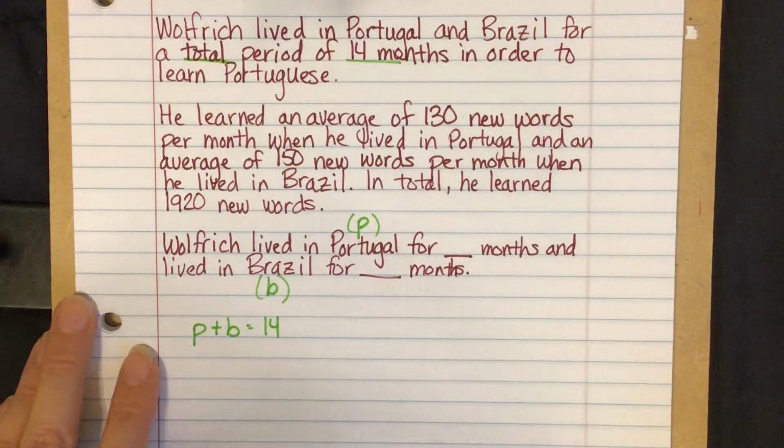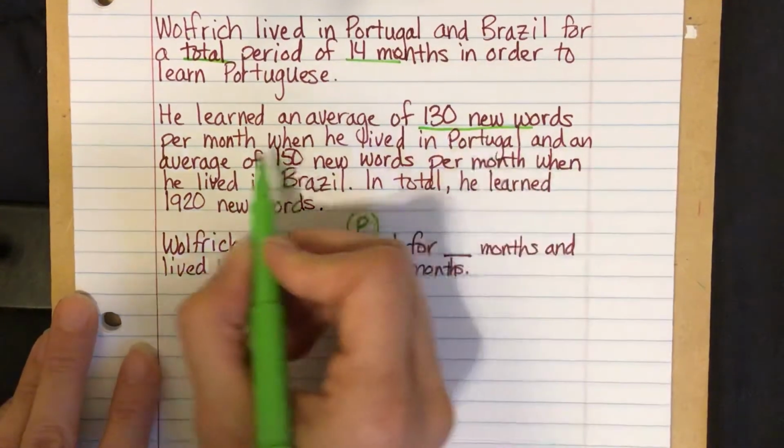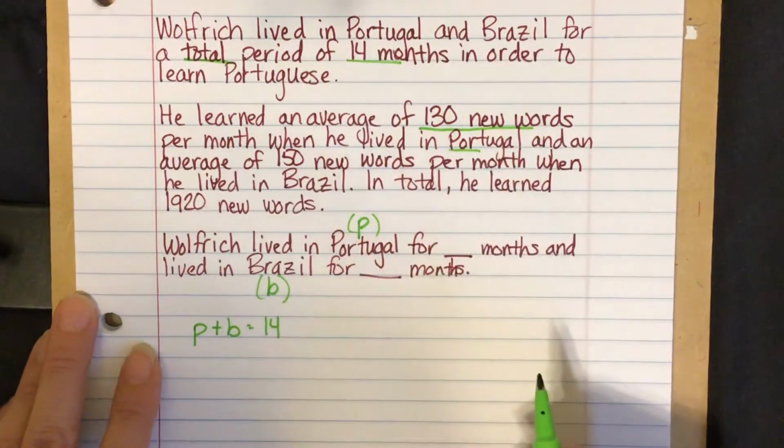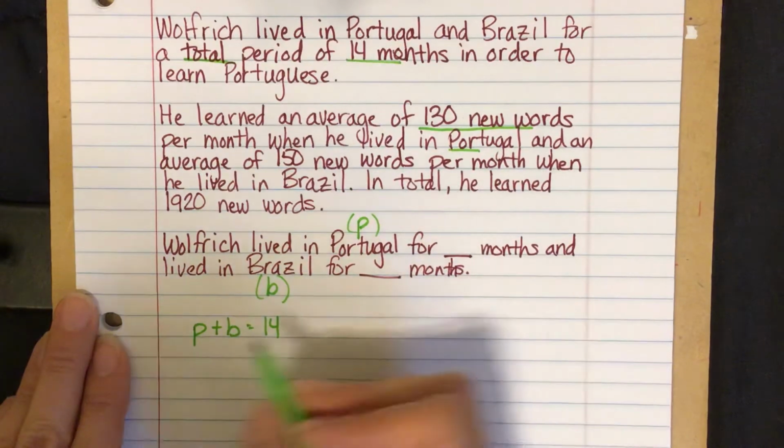Now let's take a look at the number of words that he's learned. It says that he learned 130 new words per month when he lived in Portugal. So we're going to multiply 130 by the number of months he lived in Portugal.